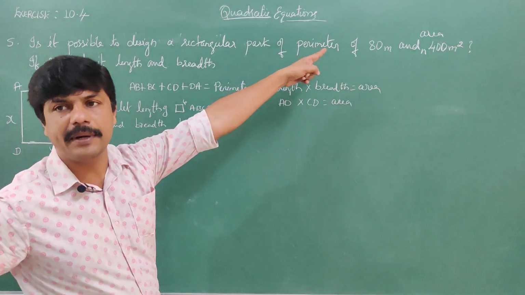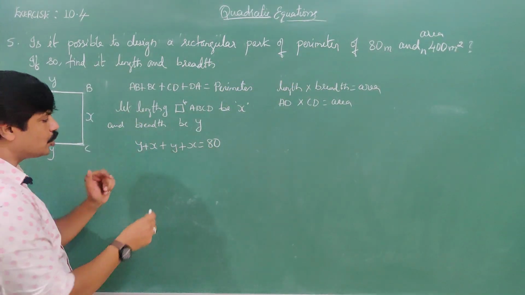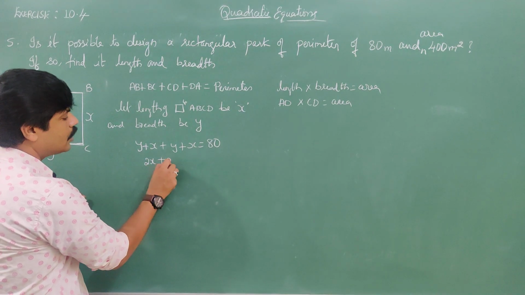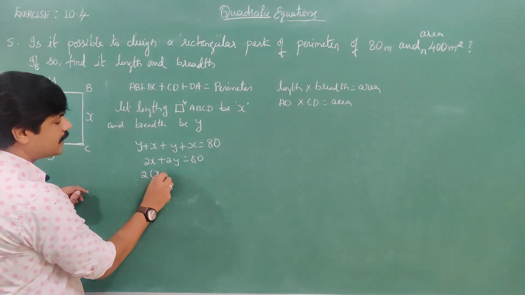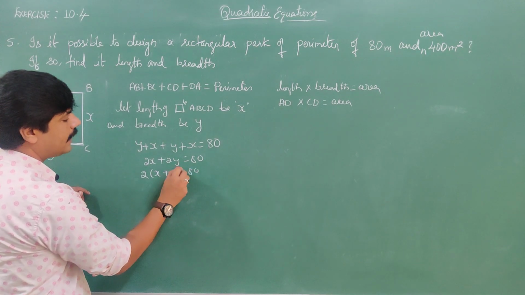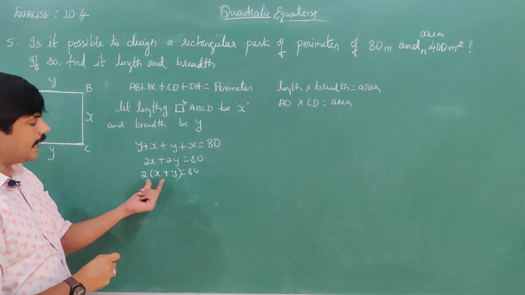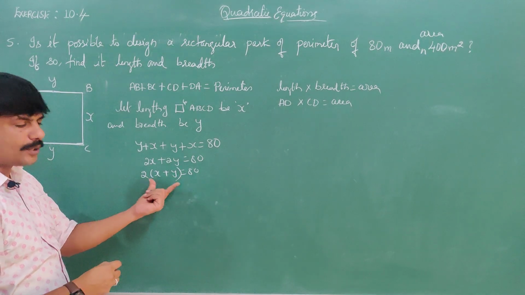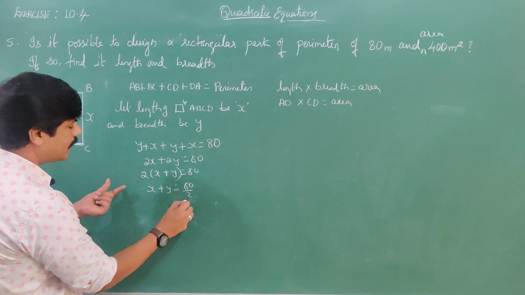Perimeter is 80 meter. How many X are there? 2. That is 2X plus 2Y is equal to 80. Take 2 common: 2 into X plus Y is equal to 80. Now divide both sides by 2, so X plus Y is equal to 80 by 2. Here 2 and 2 got cancelled.